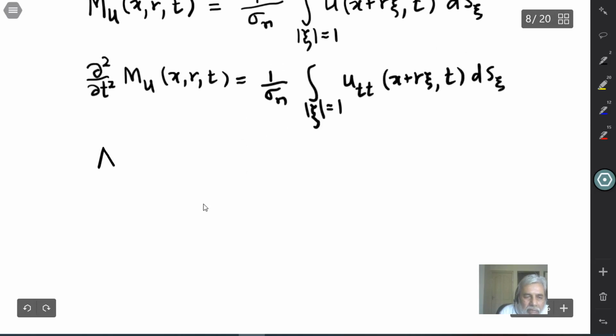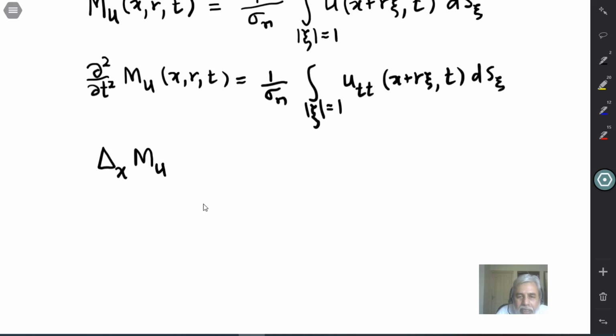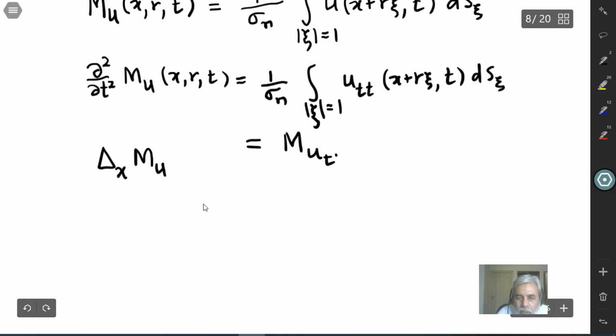So let me stress, this is nothing but the spherical mean function of utt. If we think of this as an operator, we will write this accordingly.